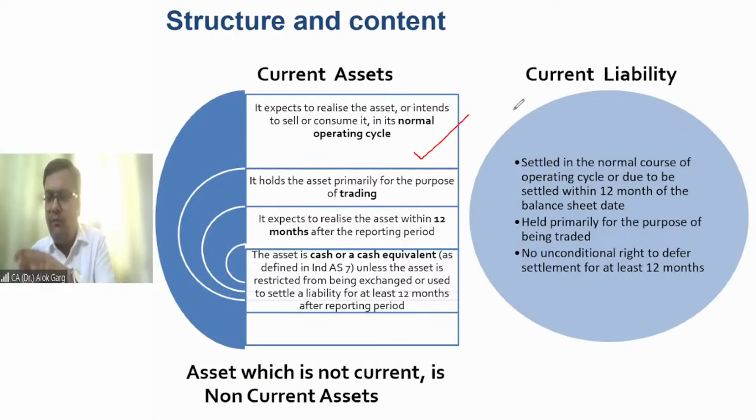Is it due? For example, if it is due to be payable within 1 year, it has to be shown as current. And the classic example is current maturity of long-term borrowing. You must be aware of the current maturity of long-term borrowing. For example, if you have taken a loan for 5 years and you have to pay installments on that loan, right?